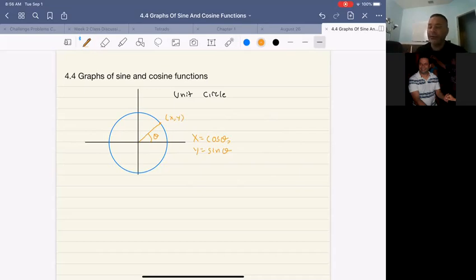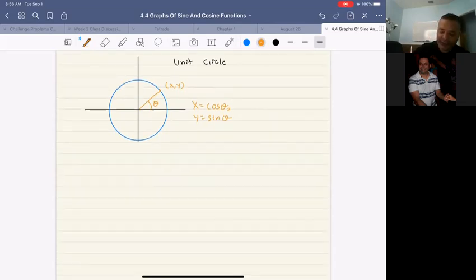Now, what I'm going to do is first start by graphing the sine function. So now we're going to graph it with y being sine and x being theta. We're going to graph this a little bit differently than the unit circle. We're now going to graph y equals sine of theta.